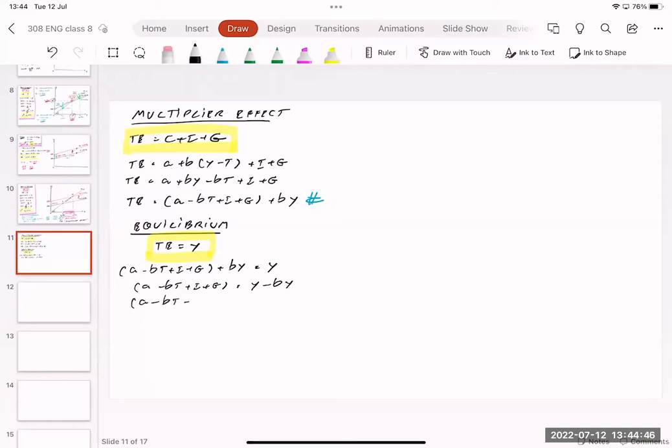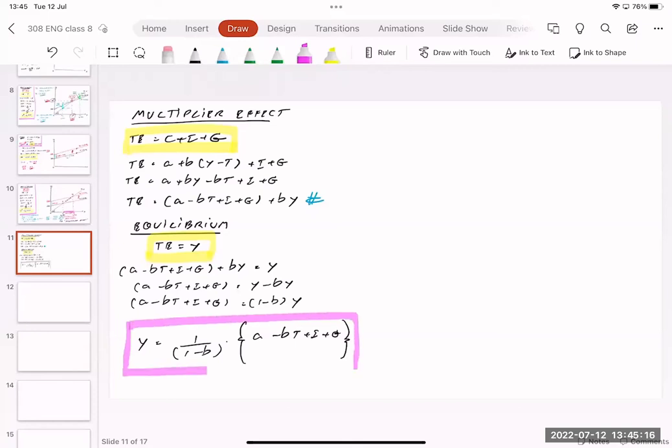A minus BT plus I plus G equal to (1 minus B) times Y. And finally, Y equal to 1 over 1 minus B, multiplied by A minus BT plus I plus G. This is the equation I want in the end.